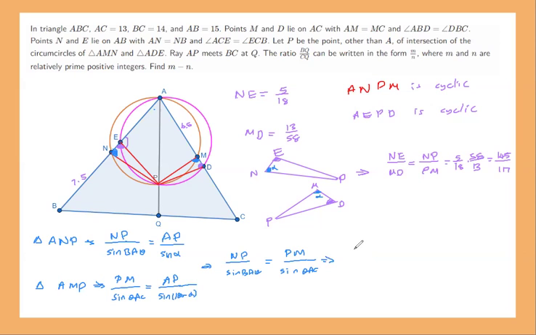Then that will give us NP over PM, which is 145 over 117, equal to sine BAQ over sine QAC. Okay, so why is this really helpful? Because at the end of the day, we are going to find the ratio of BQ and QC.